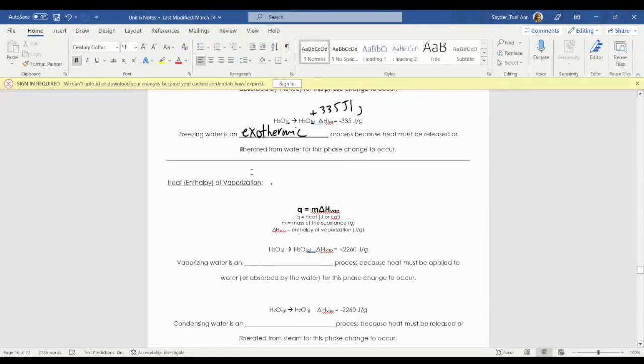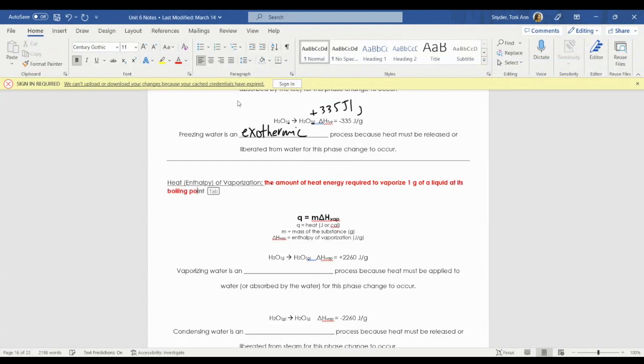So let's get the right stuff here. The heat or enthalpy of vaporization is the amount of heat energy required to vaporize 1 gram of a liquid at its boiling point.